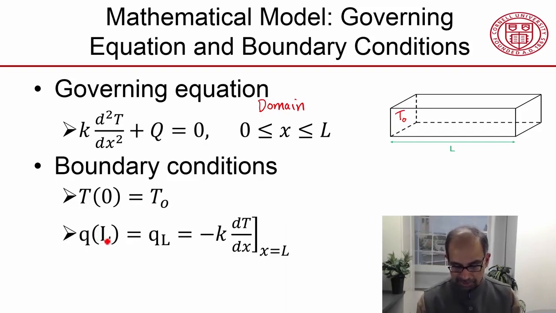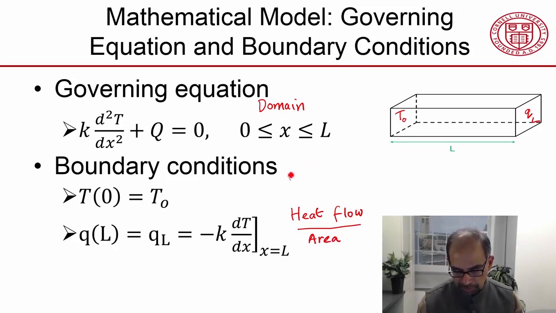And at the right face we have the heat flow per unit area. So that's the boundary condition at the right face, and we know that value. And I should make it clear that this is heat flow per unit area.